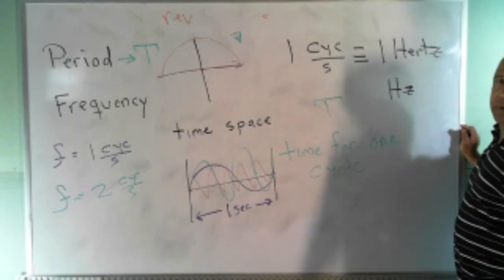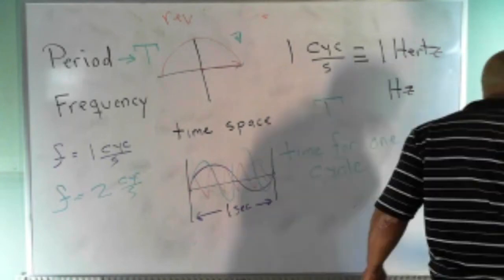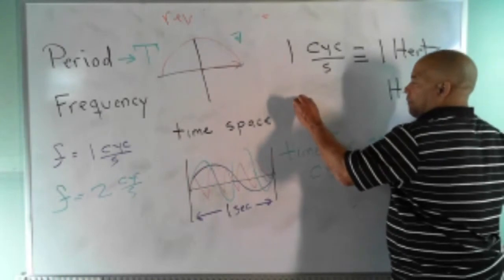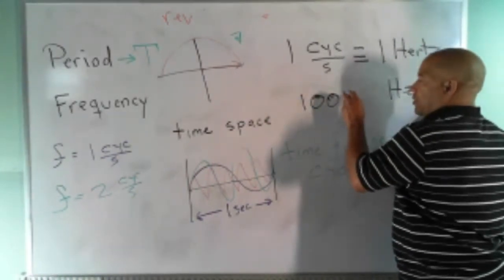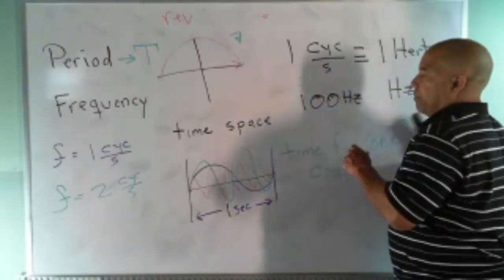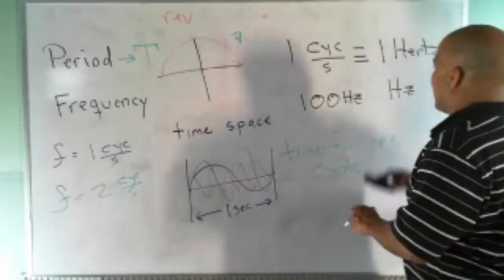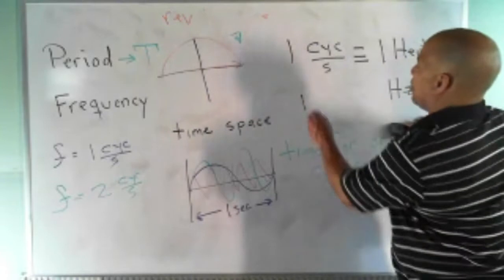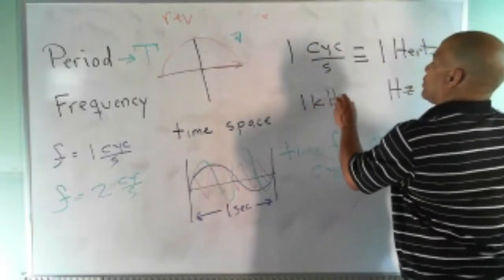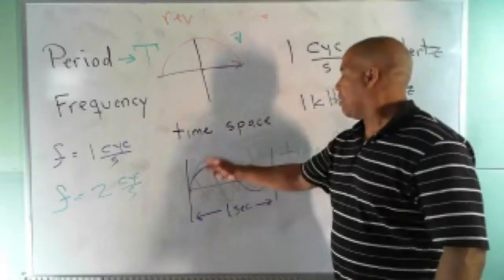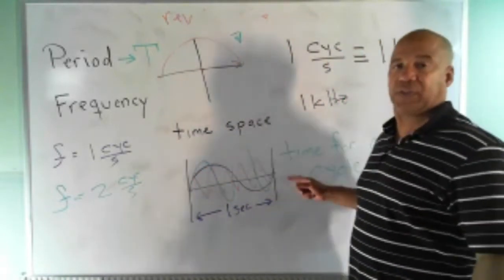This was named after somebody. So in other words, if I say, hey, that waveform has a frequency of 100 hertz, that means you have 100 cycles in that time space of 1 second. If I say the frequency is 1 kilohertz, a kilo is 1,000, that means there's 1,000 full cycles in that time space of 1 second.